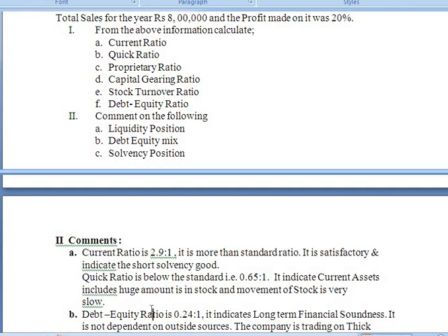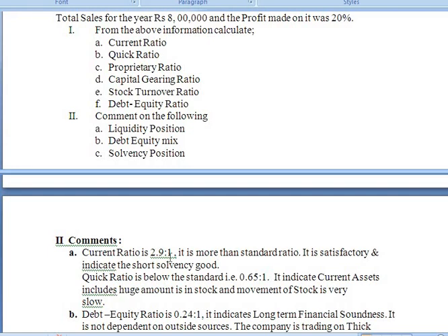Next one, debt and equity mix. Now see here, we have to comment on liquidity position: as the actual current ratio is 2.9, which is more than the standard ratio, it indicates a good short term solvency position, and the liquidity position of the firm is sound.